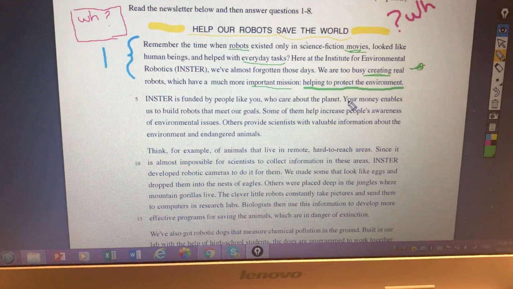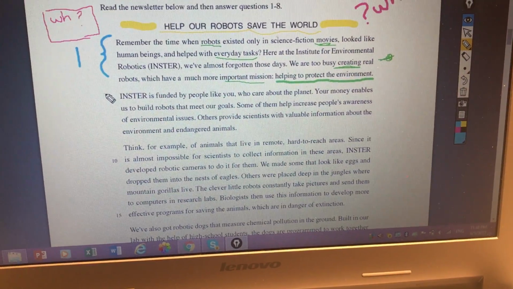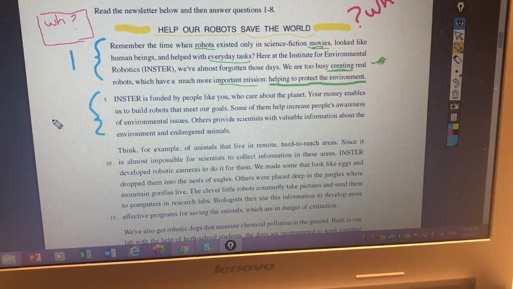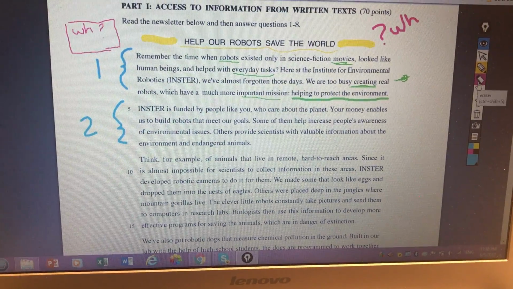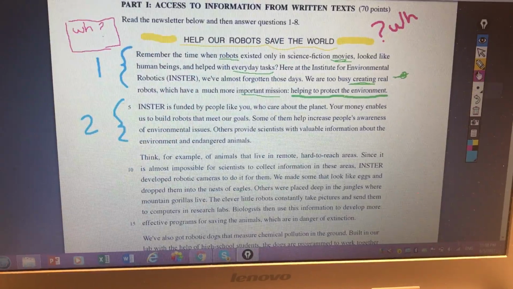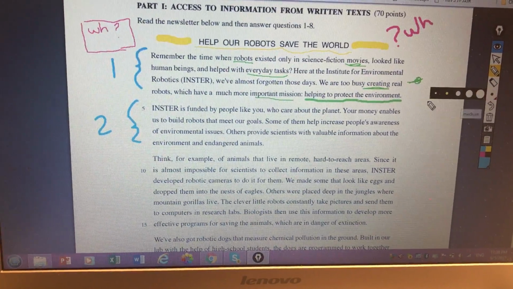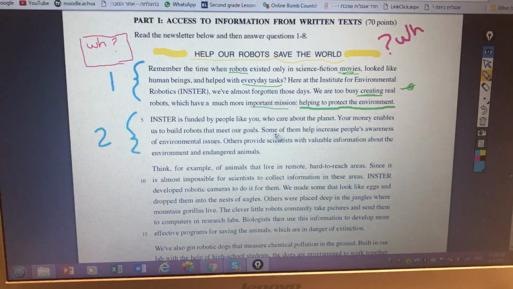Now when we're looking at the second paragraph, sorry, I didn't want to erase. I want to go back to this.